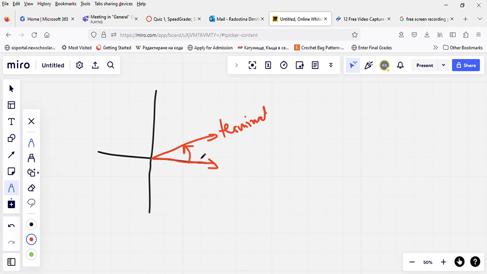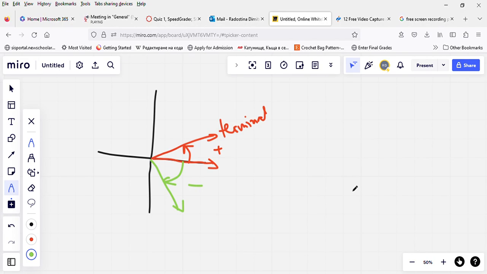If you're going counterclockwise, this is a positive angle. Now, if you move the terminal side in this direction from the positive x-axis, and again, you have to indicate that, this would be a negative angle.